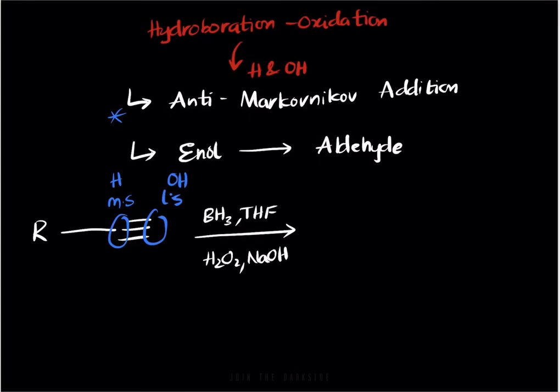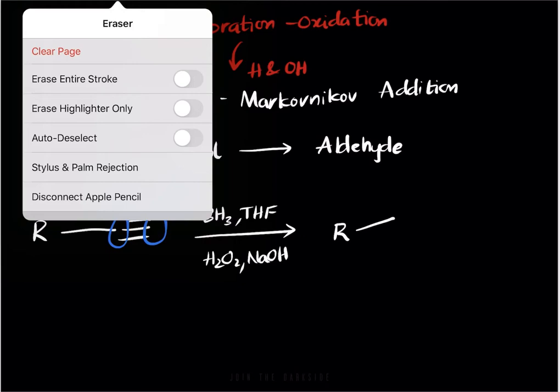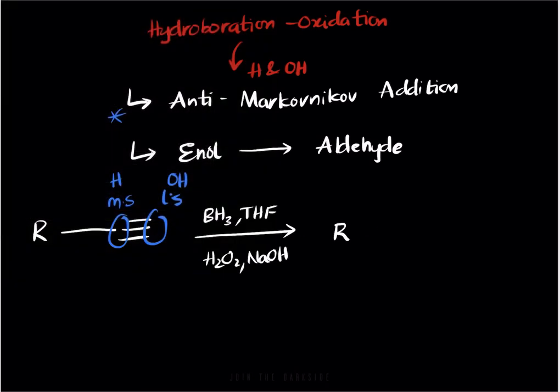That then results in the structure forming a double bond with OH and an H. Because a double bond with an OH is unstable, this results in an enol formation.